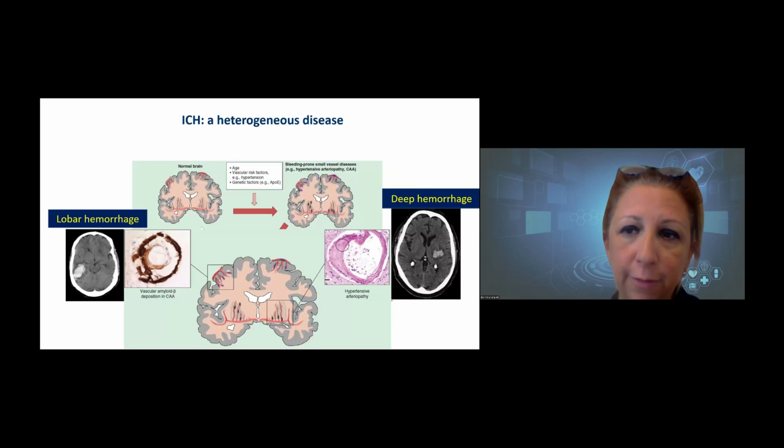Focusing further on factors affecting the brain, previous studies have shown differences of ICH recurrence risk depending on the location of the index bleeding.